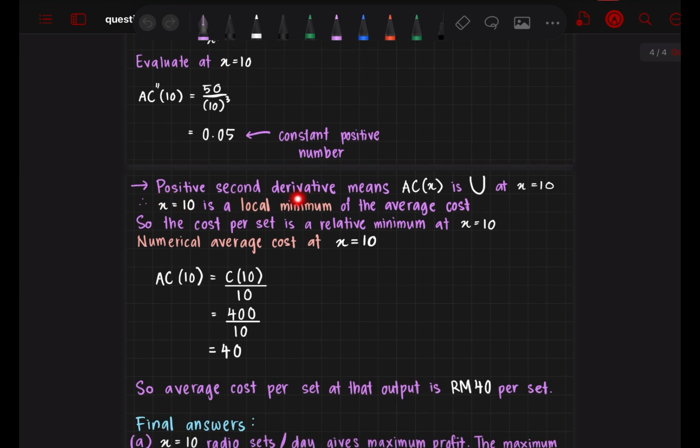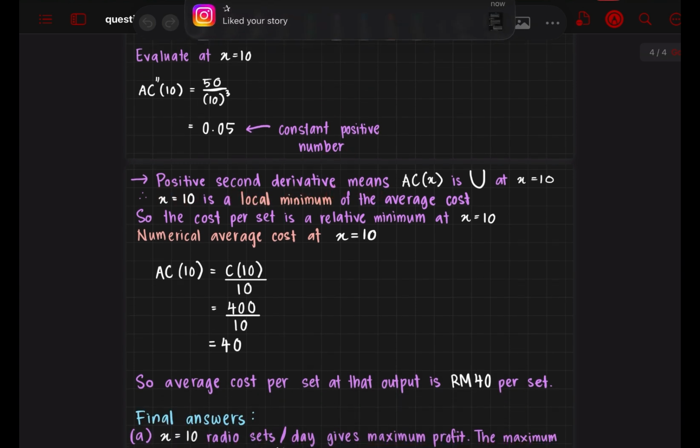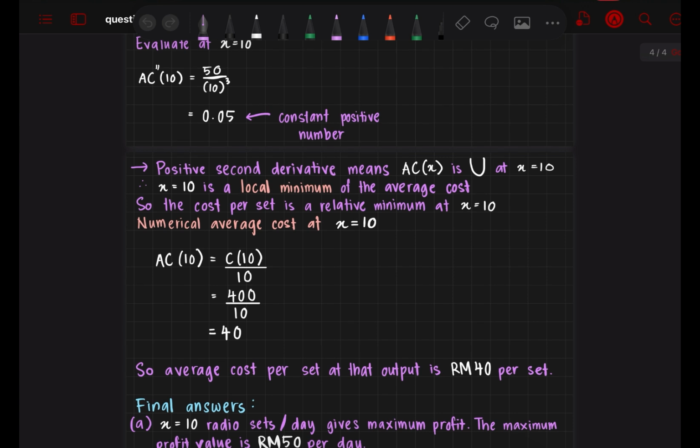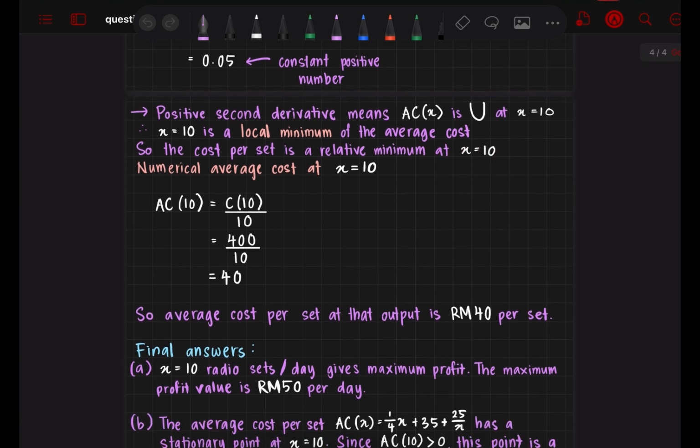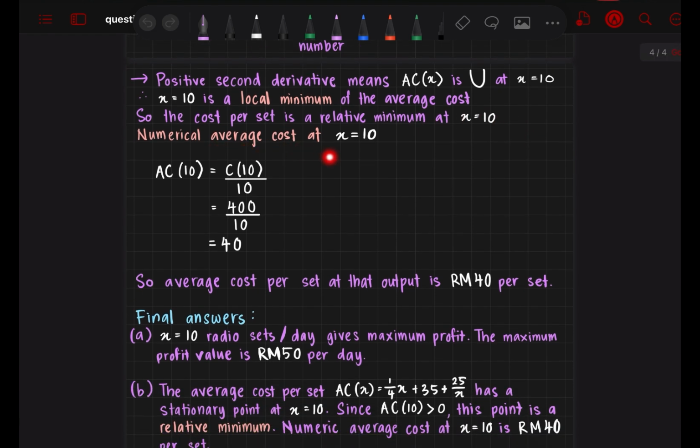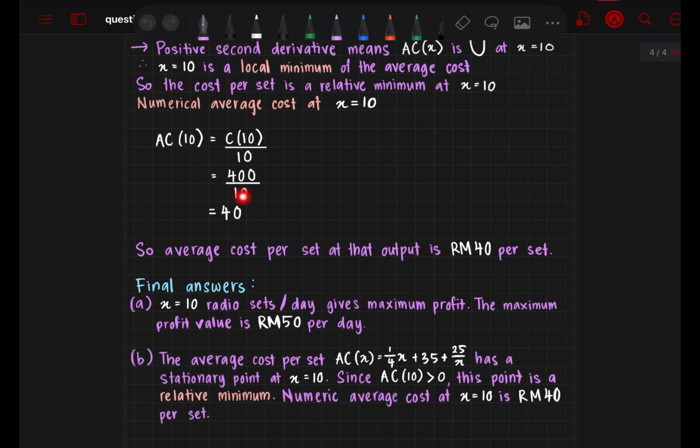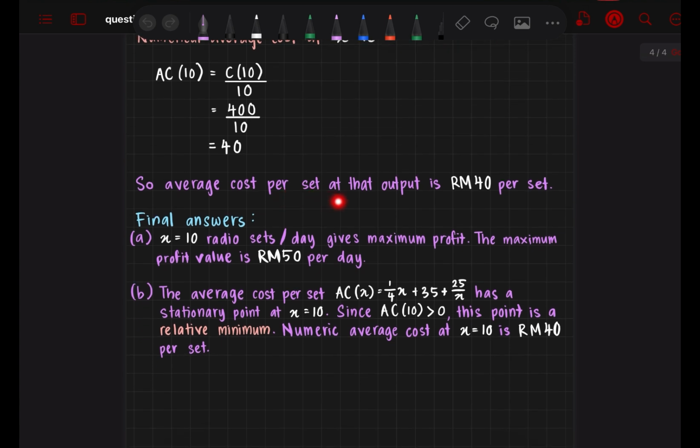So a positive second derivative means the graph of AC(x) is concave upwards at x equals 10. x equals 10 is a local minimum of the average cost, so the cost per set is a relative minimum at x equals 10. Numerical average cost at x equals 10, we will get 40. So the average cost per set at that output is 40 ringgit per set.